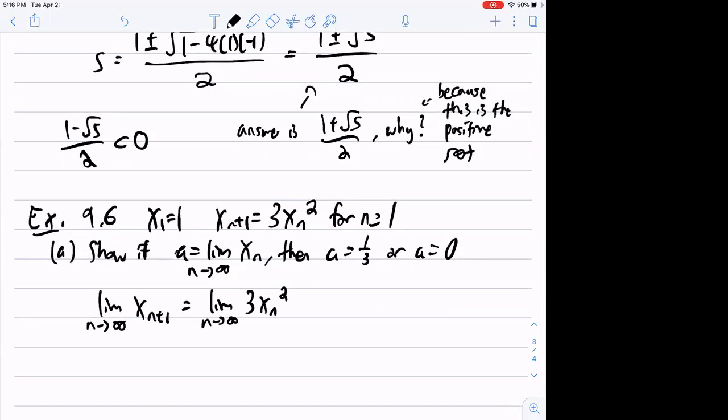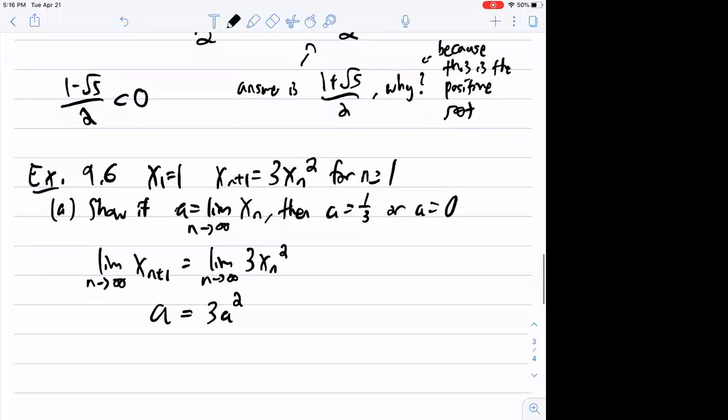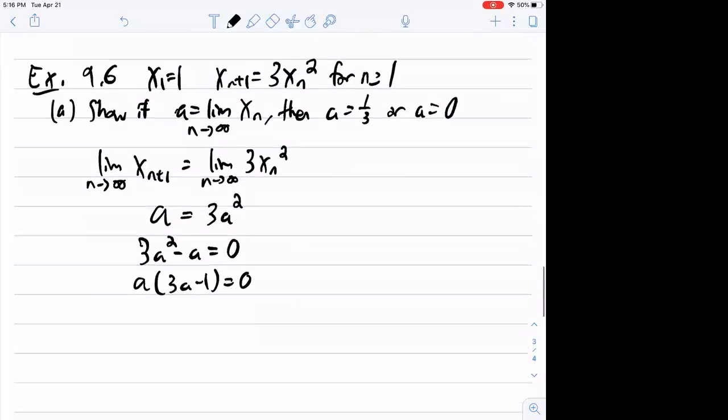Xn plus 1 is just xn with the first term ignored. So this thing is a, this thing is 3a squared, right? Okay, so let's subtract: 3a squared minus a is 0. And you get this, right? So a is 0 or 1/3. So that concludes the first question.